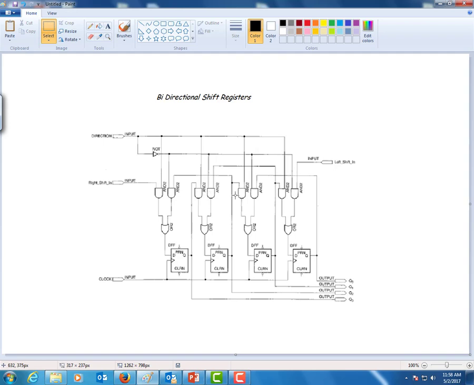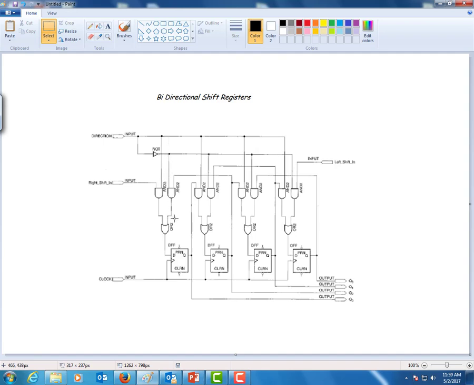Every input to the flip-flop has 2 AND gates. They're going to an OR gate, and they feed the D input. So each one of these flip-flops is enabled or disabled by this network up here.